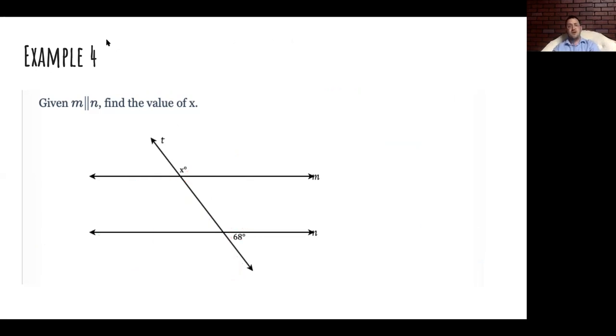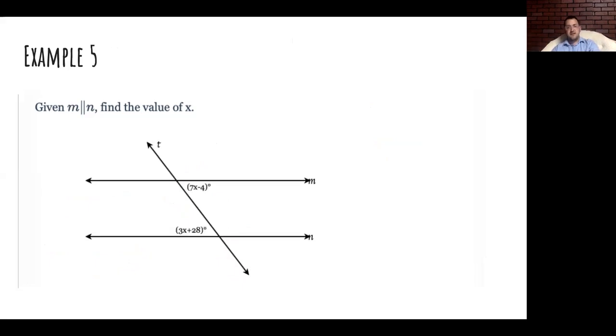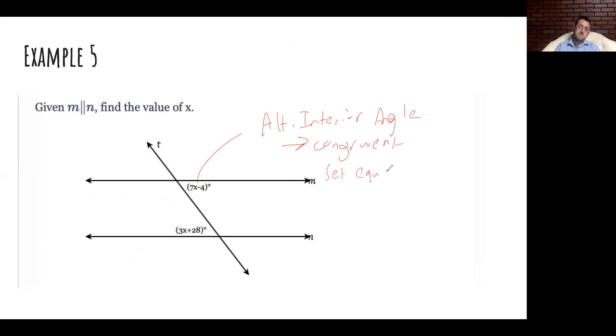All right, let's go into some algebra here. This one is a little bit more obvious what the angle pair is. So this is an alternate interior angle. And alternate interior angles are congruent, so we set them equal to each other. So I'm going to do 7x minus 4 equals 3x plus 28.